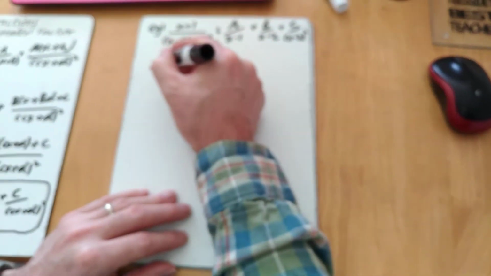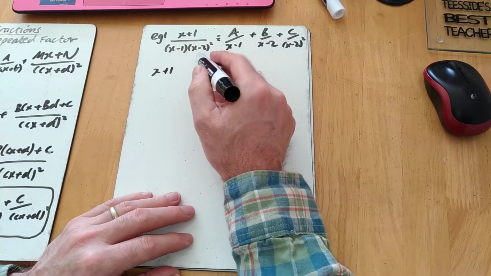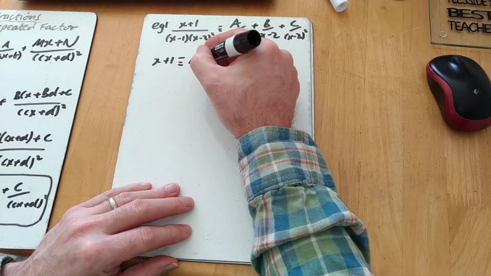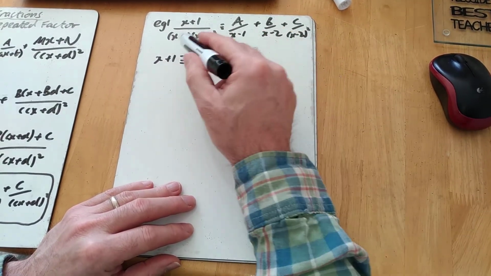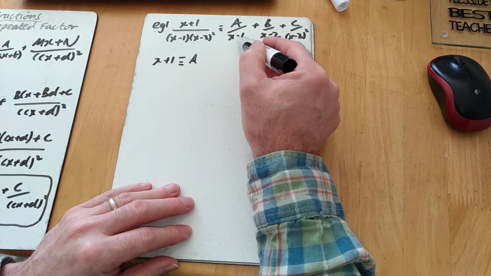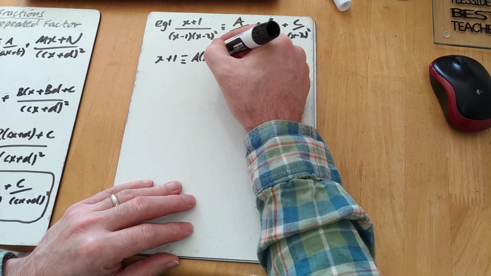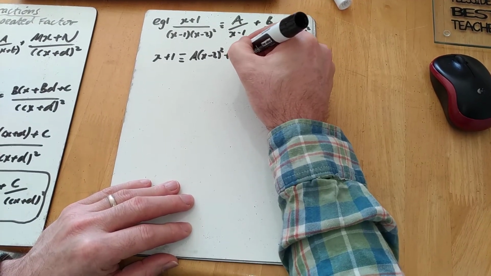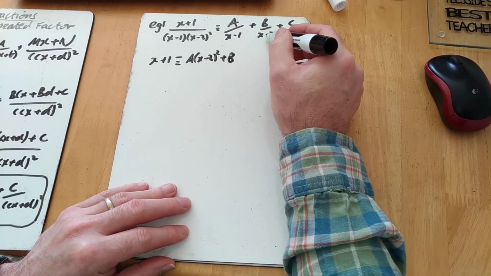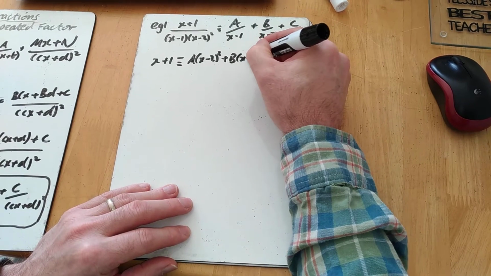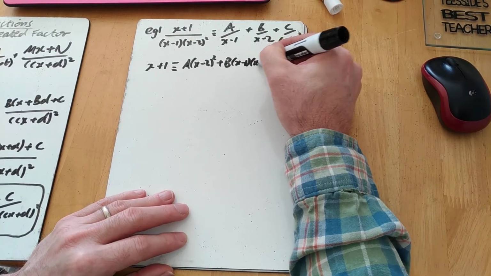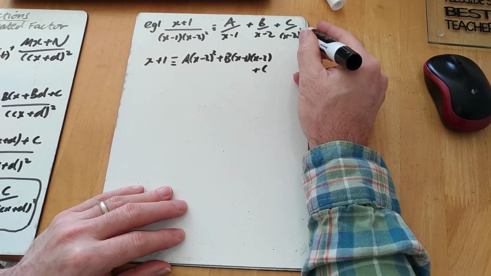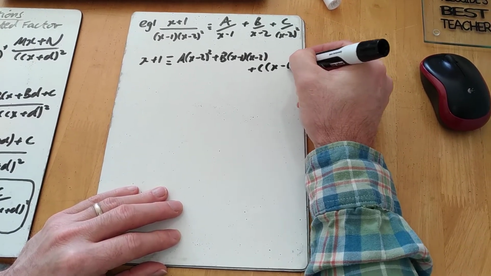So when I multiply by x minus 1 and x minus 2 all squared, I've got to think carefully about what I've got on this side. I've got a times x minus 2 squared, plus b times, where I haven't got an x minus 1 and I haven't got one of the x minus 2's, and then plus c, where I've got both of those but I haven't got the x minus 1.